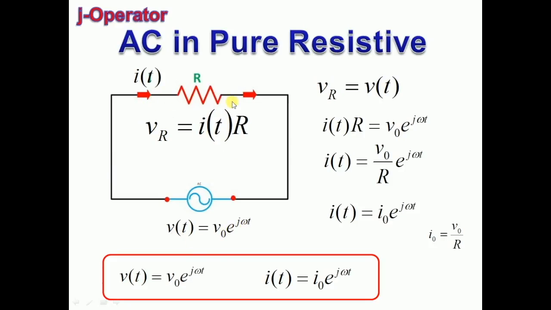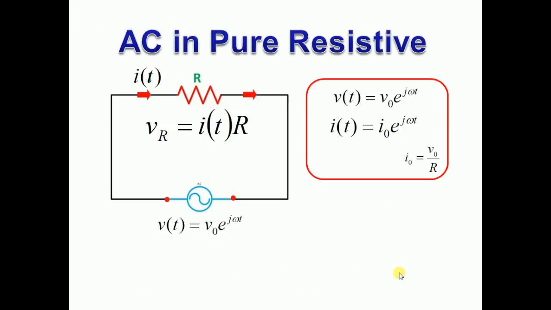The drop across resistance will be IR, and we can write IR equal to V0 e to the power j omega t, and you can simplify I of t equal to I0 e to the power j omega t, where I0 is V0 upon R. So we have both the things in a pure resistive circuit in phase, we have already discussed.